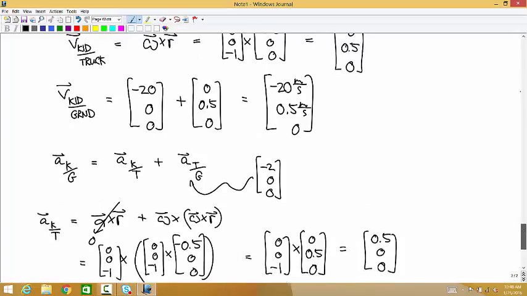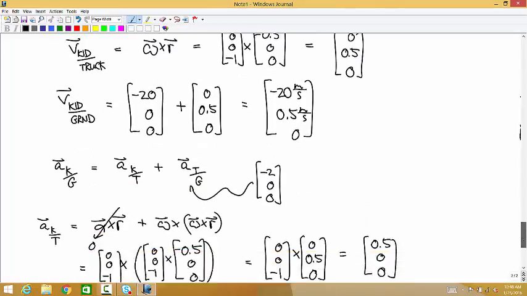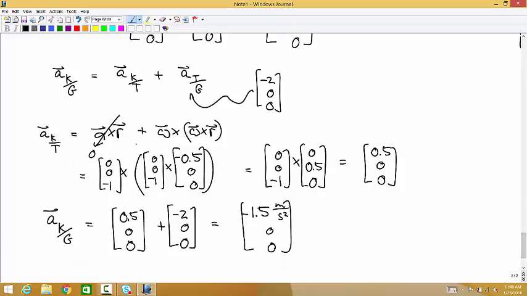So the acceleration that we got for the kid relative to the truck, okay, that's in a non-inertial coordinate system because the truck is accelerating. If you use this acceleration with Newton's second law, you get wrong answers. But if you use the relative motion equations, come up with the acceleration of the kid in an inertial coordinate system.